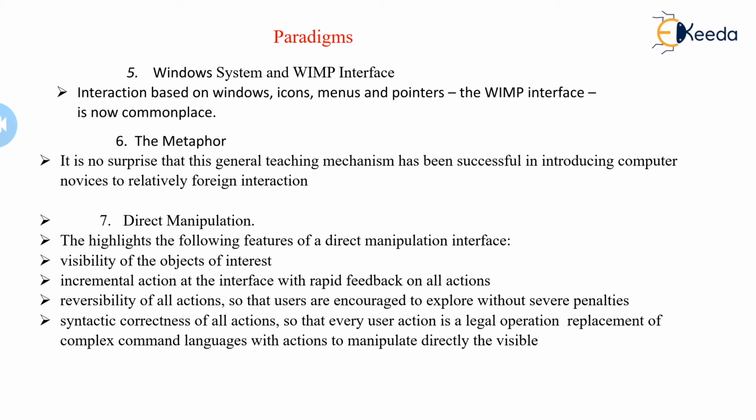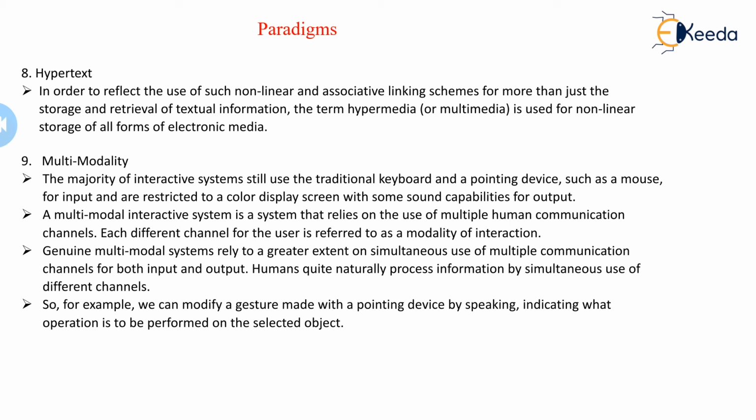And they are, as I told, a synthetic correction of all actions so that every user is a legal operations. Then you have hypertext. So where is this hypertext used? Hypertext is used in order to reflect such non-linear words and associate them with linking schemes.